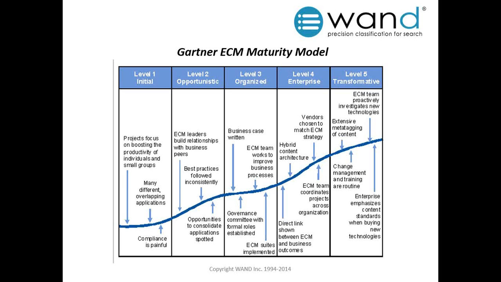And you can see that Gartner has developed a 5-level grading of companies based on their maturity in their approach to enterprise content management. If you look at level 4, level 5, enterprise and transformative, the higher levels, you see things like extensive meta tagging of content, content standards.